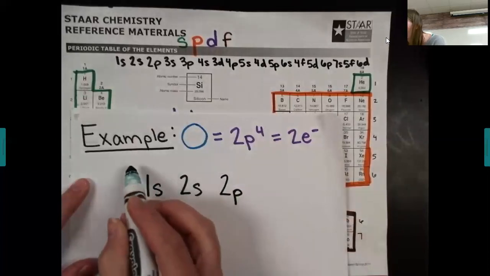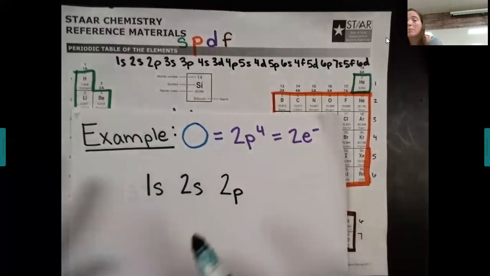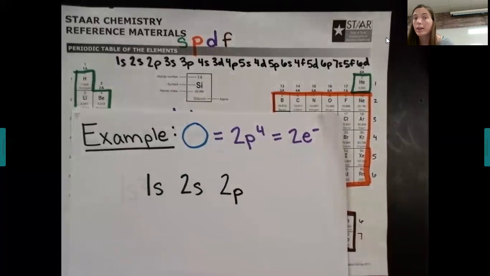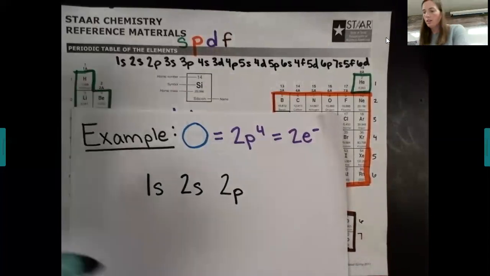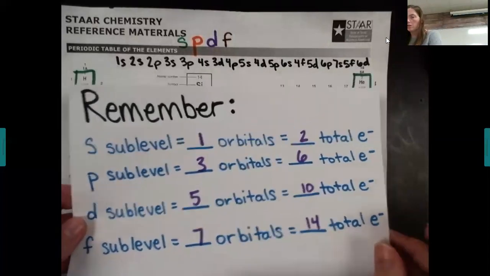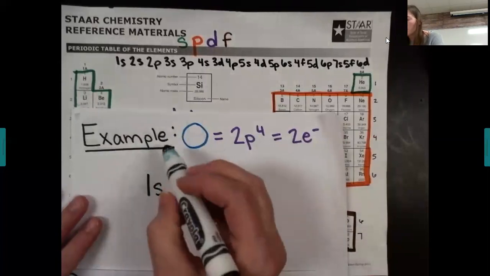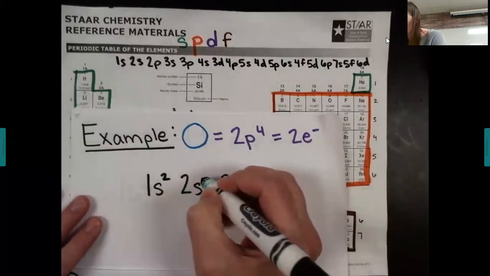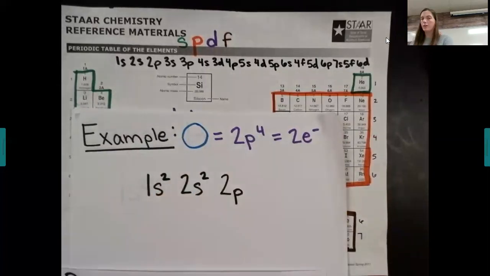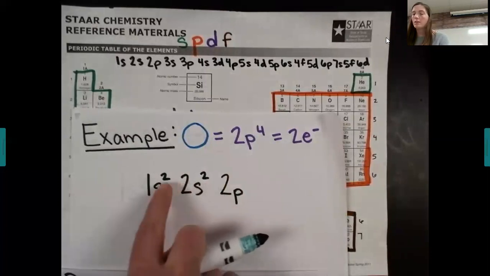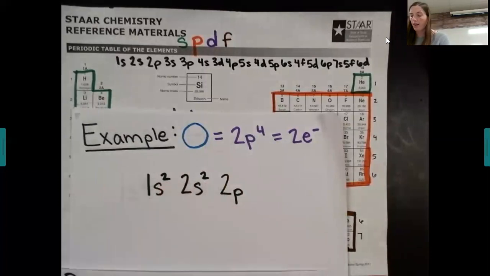But now instead of doing boxes and arrows, I'm just going to be saying the numbers. So this is where it was important to remember how many electrons these sublevels can hold. The S sublevel can hold 2 electrons, so I want to put 2 up here. These superscripts tell me how many electrons there are in that sublevel.